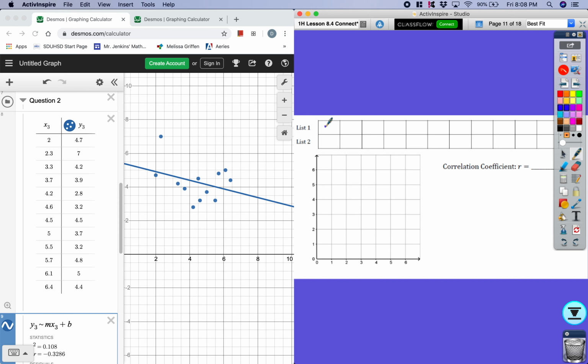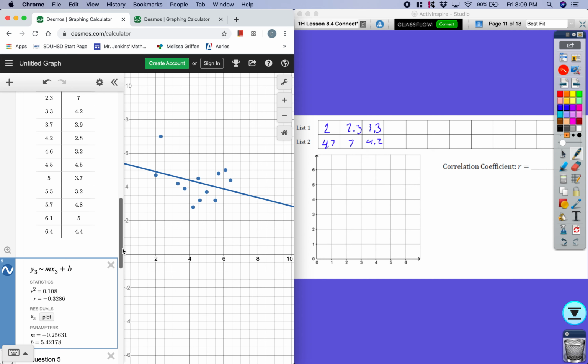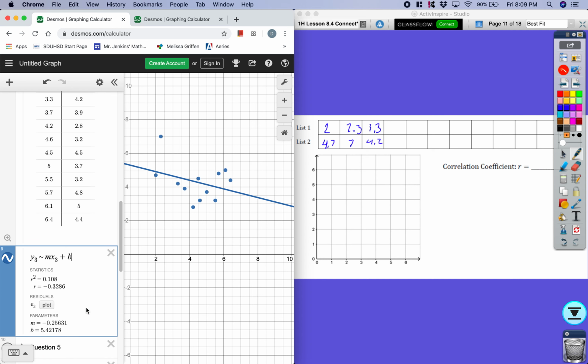So once again, I had 2, 2.3, 3.3. I'm not going to write all those, but in the corresponding values, 4.7, 7, 4.2. And when I did all of these, I had a correlation coefficient of negative 0.33.